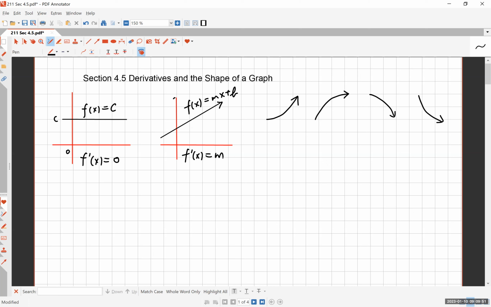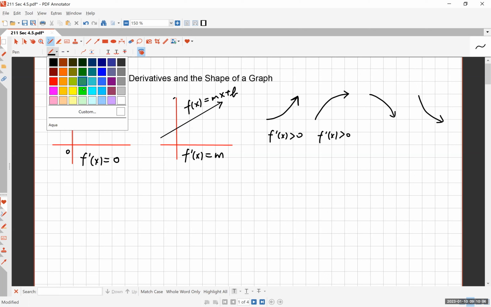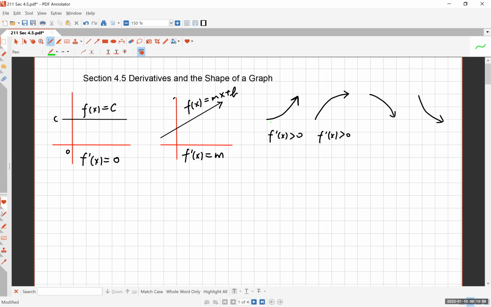All right, now I have 4 more pictures here. Notice here, in the first 2 graphs, the function is increasing, right? And that means that the derivative is positive. Okay, but there is a difference between these two. If you look at the way the derivative is increasing, let's pick a few points here, right? The slope of the tangent line seems to be kind of a small number, and then becomes closer to 1 and then gets bigger than 1, right?